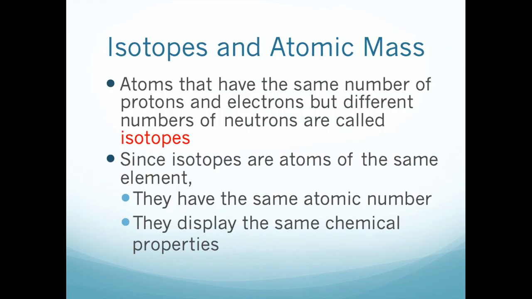Heavy water is water where the hydrogen atoms tend to be heavier isotopes of hydrogen, hydrogen 2 or hydrogen 3. That's what makes that water a little bit denser and therefore more applicable for special cases like that. That's what I mean by isotopes having different physical properties. However, the chemical properties of those hydrogens are still the same. They still form water molecules the same way any other hydrogen atom would.